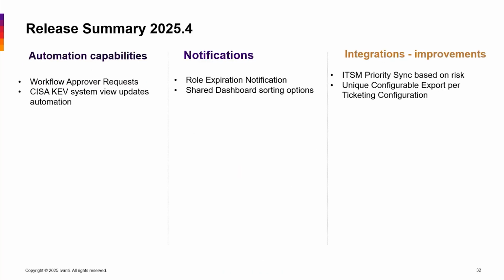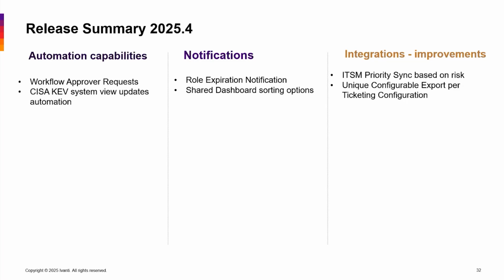Again, three categories primarily. One, of course, we are doing integrations. As you might know, RBVM predominantly works with around 70 plus integrations spreading across network scanners, application scanners, ticketing systems, CMDBs, etc. So this time, we have added the ability in our Ivanti ITSM connector to map the priority of tickets that get created on the ITSM side to the risk metrics on the RBVM side.